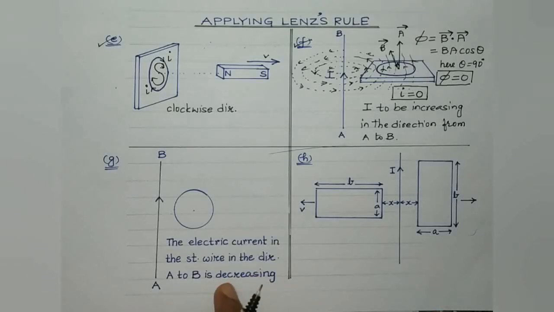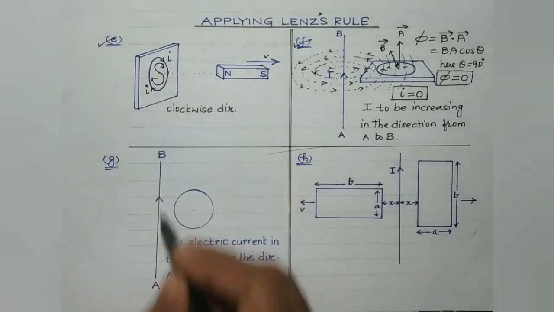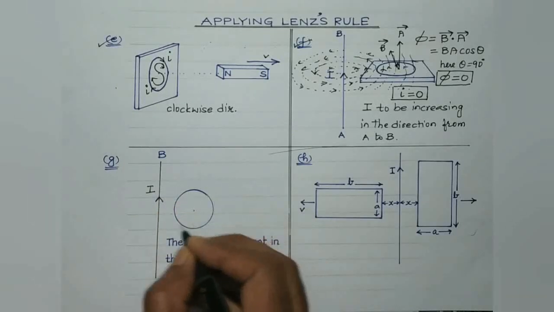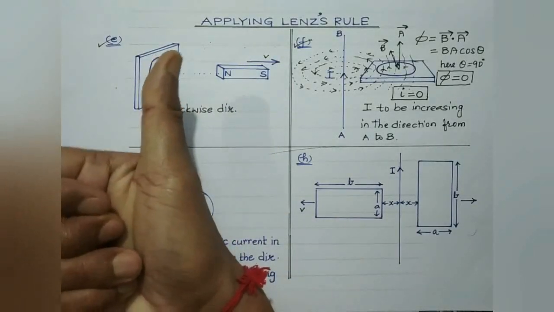Okay, now let's concentrate on this question. The electric current in the straight wire in the direction A to B is decreasing. Okay, this is the direction of the current A to B. Due to this current carrying conductor, the magnetic field in this region would again be given by the right hand thumb rule.